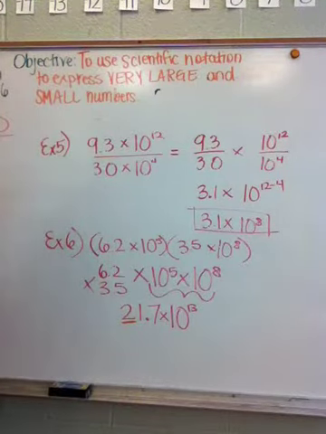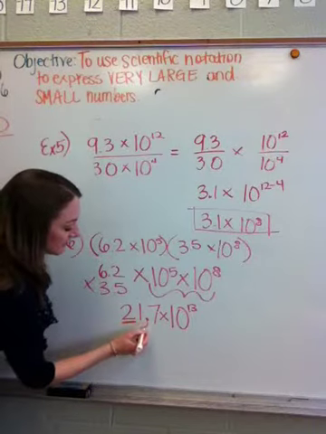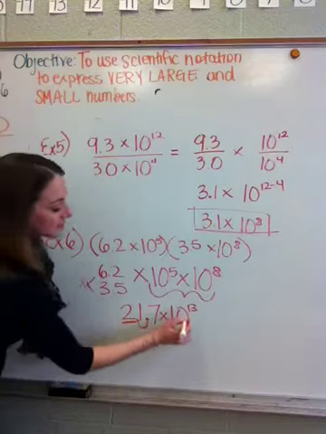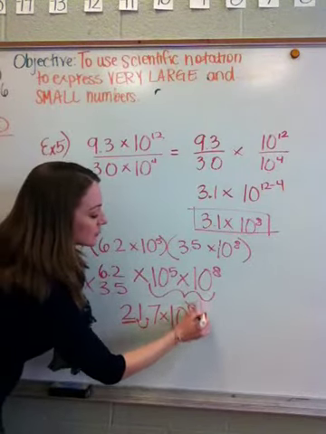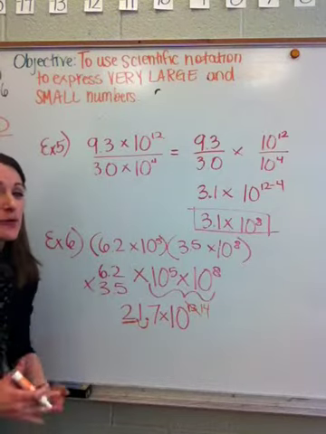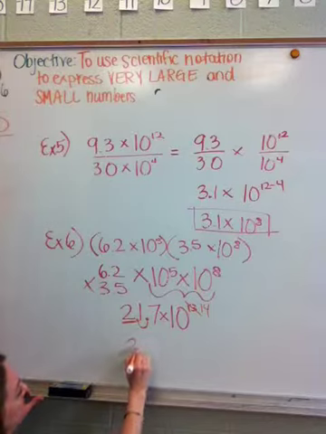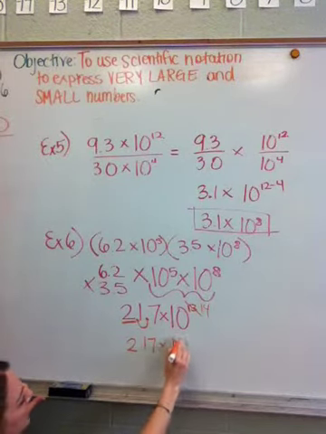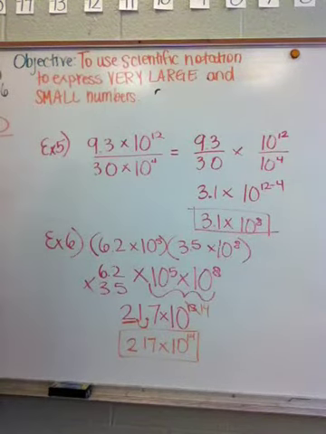Does that make sense? Say yes. I have to move this decimal right here, but when I move that decimal, it changes my exponent to 14. So my final answer is 2.17, those are my significant digits, times 10 to the 14th power. Here is my answer.